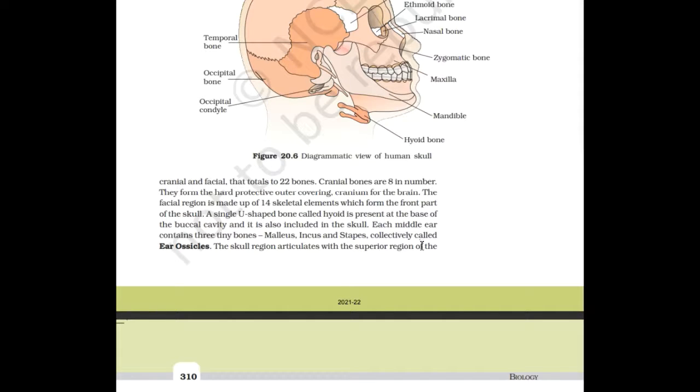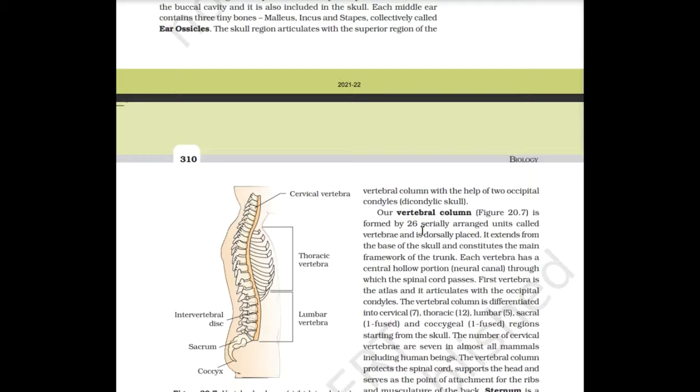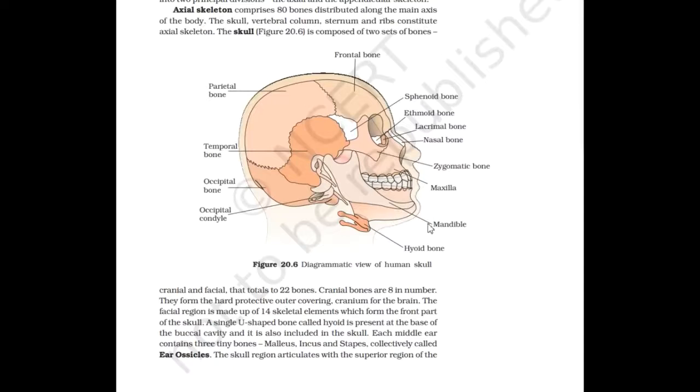Each middle ear contains three tiny bones, malleus, incus, and stapes, collectively called ear ossicles. The skull articulates with the superior region of the vertebral column with the help of two occipital condyles, so it is called a dicondylic skull.